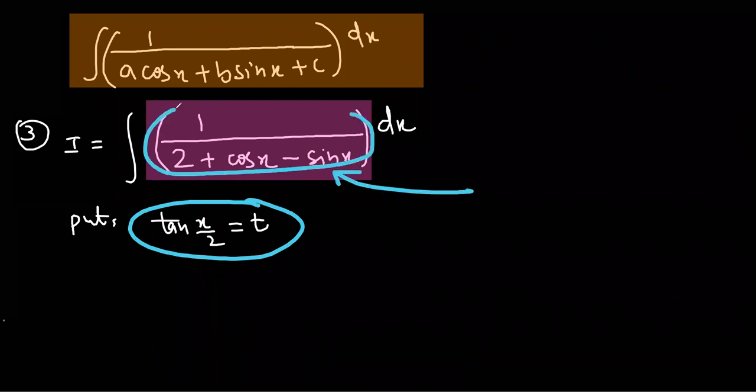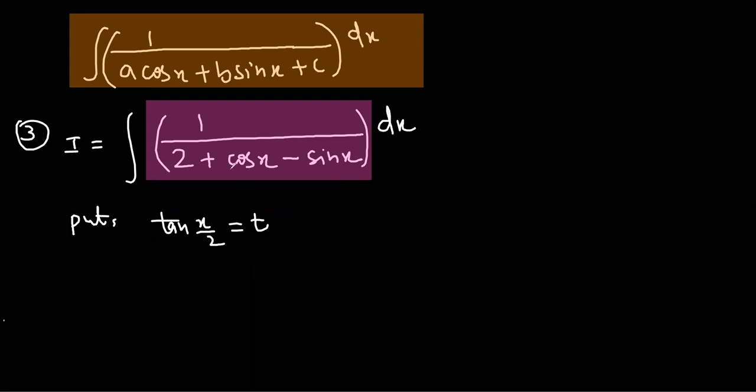But see, we got cos x here, and we know cos x can be written as 1 minus tan square x by 2 upon 1 plus tan square x by 2. So cos x and sin x, we are looking at in their half angle formulas using tan. That's why we are putting tan x by 2 as t.